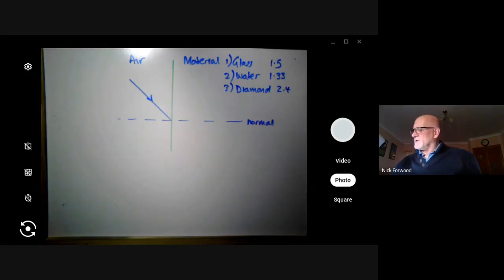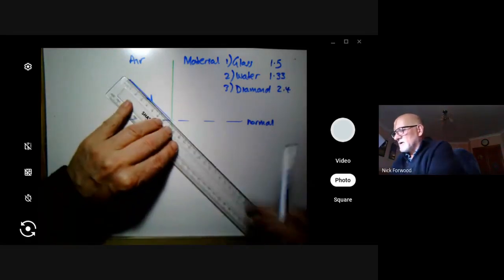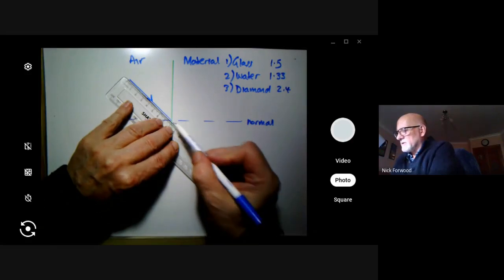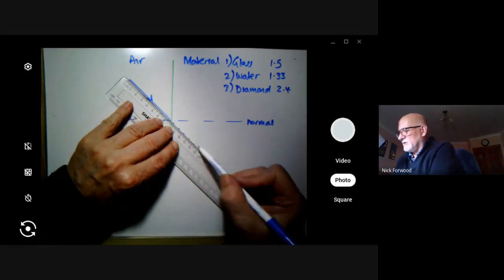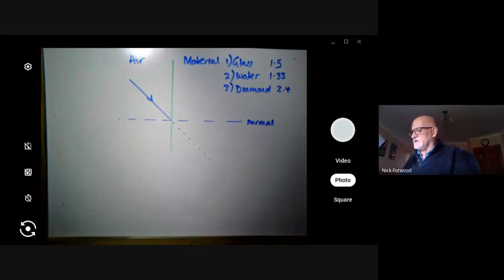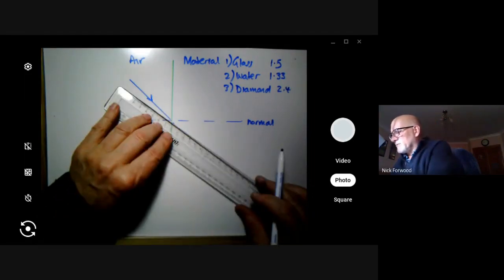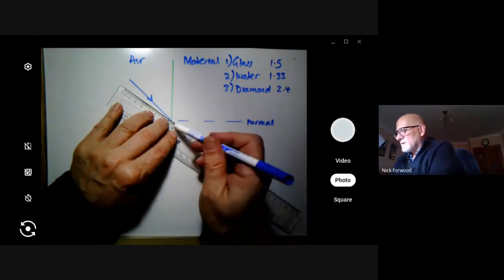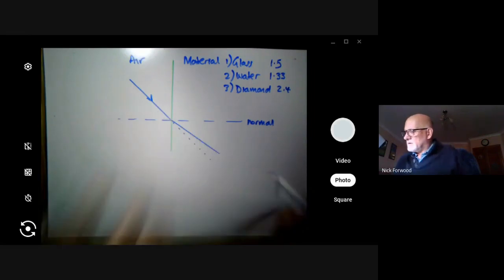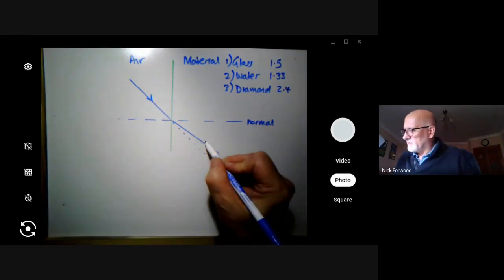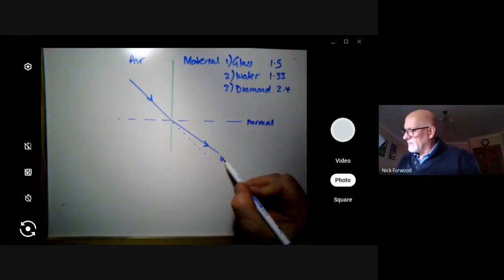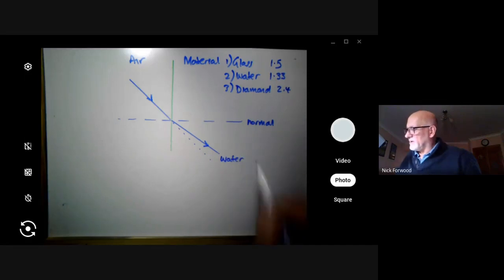Okay, so the number that's smallest, water, is 1.33. So the beam of light doesn't change direction too much. This is straight on, and it, of course, has got to change direction a little bit. So the beam of light entering water would be like that.